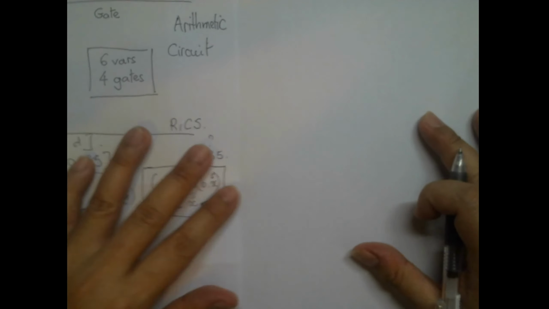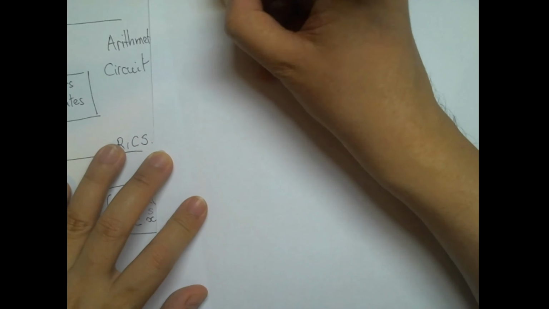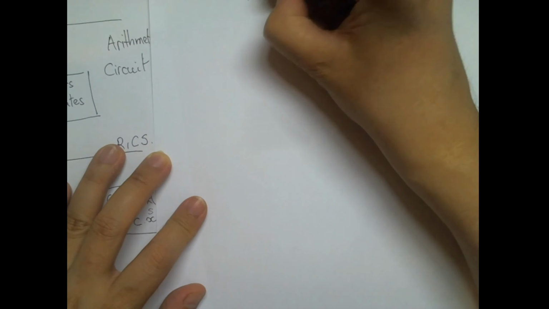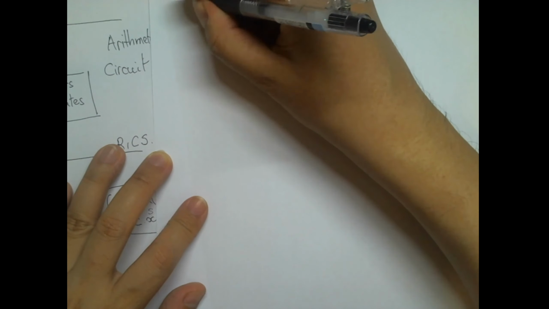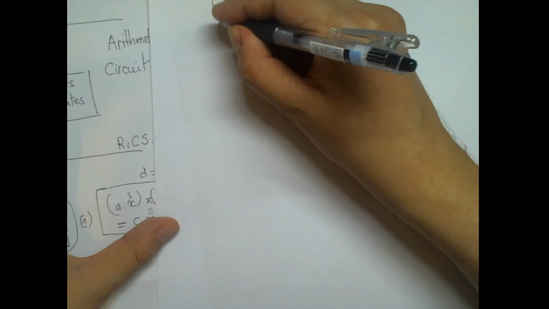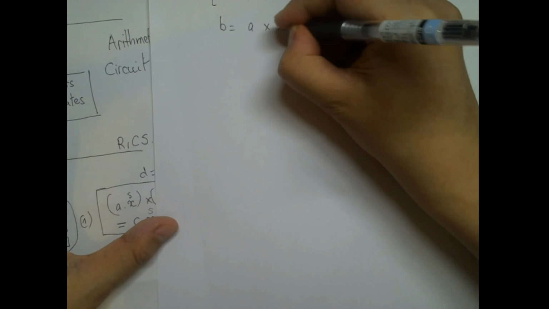Equation 2, okay, let me keep that, guys, so that I have a reminder. We have equation 2, which is A times X. So again, I write down my 1, X, A, B, C, D, which is my vector S, right? And now I want to express B equal A times X. Right.